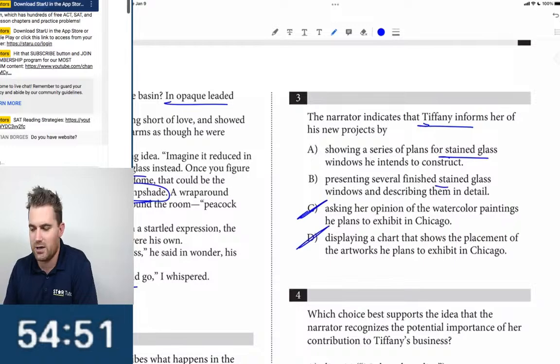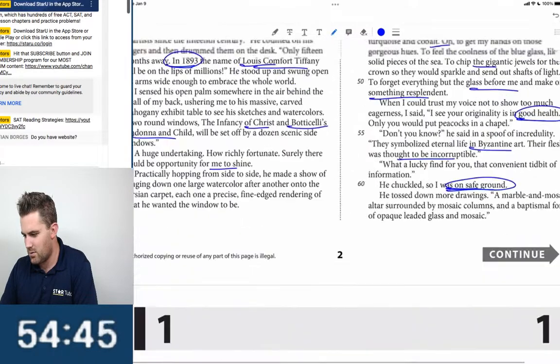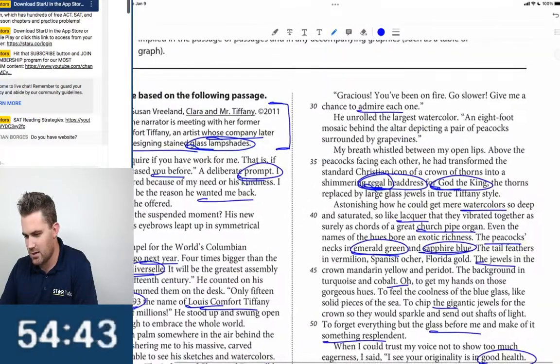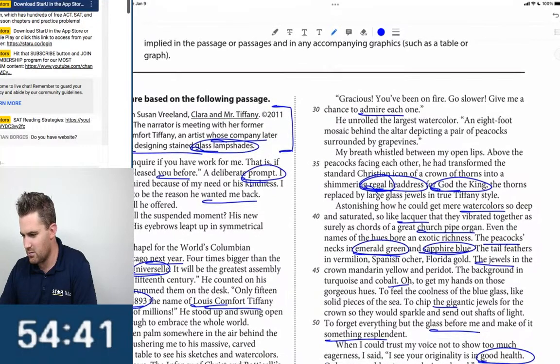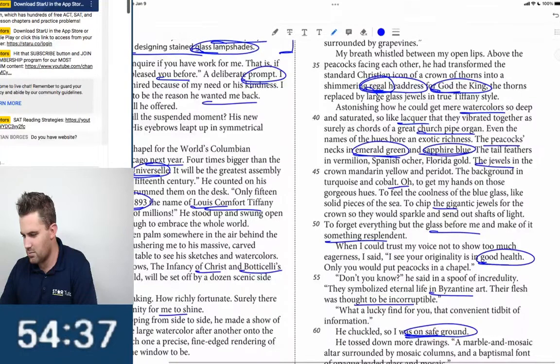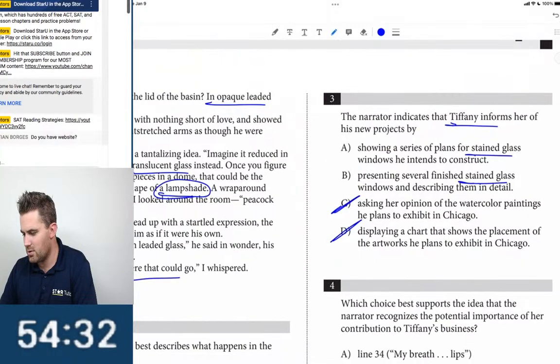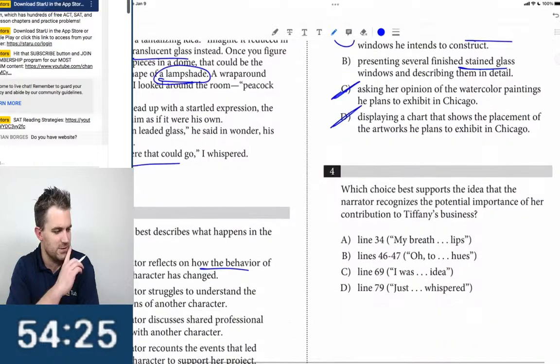Both of these mention stained glass, and I think that's right. I think it's presenting plans, right? Yeah, so I think it's plans. I think this one's A, but this is a harder question. Does everybody see that? Thumbs up, guys, if you see why I'm choosing A there.